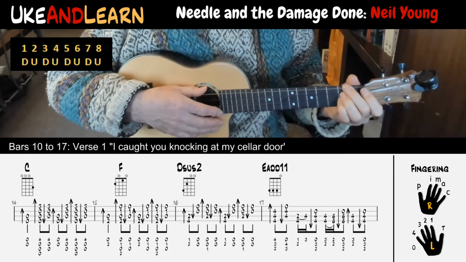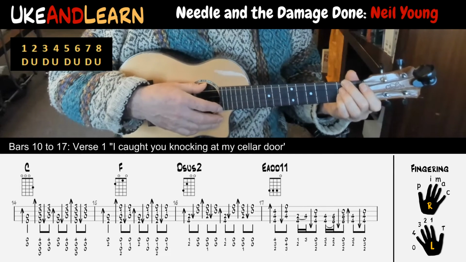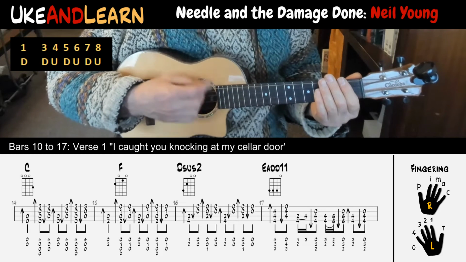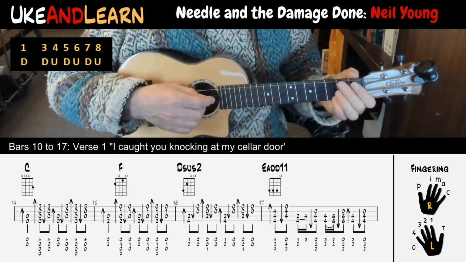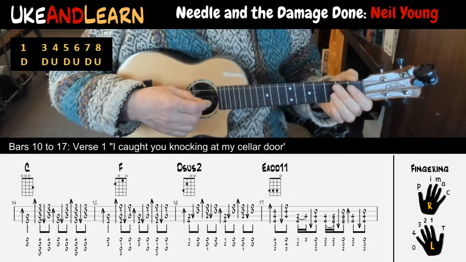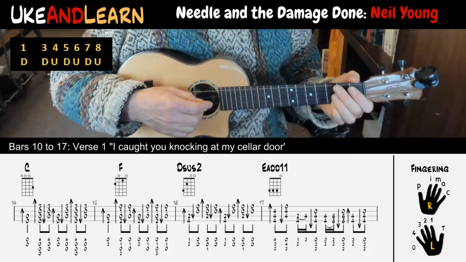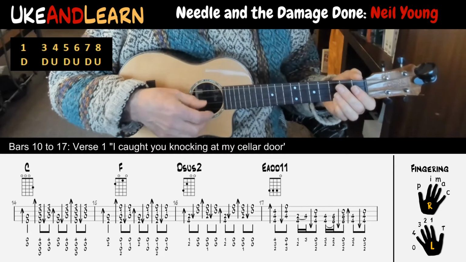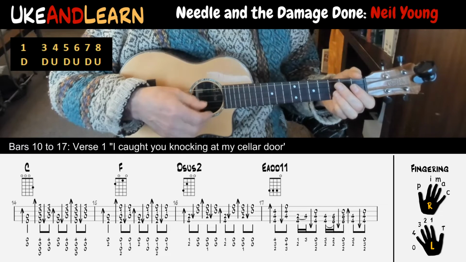Okay, so let's look at the next 4 bars now. The first 2 bars, 14 to 15, you play the following rhythm: 1, 2, and 3, and 4, and, or down, down, up, down, up, down, up. So bar 14 is played in C. That's G, C, E, and A3.